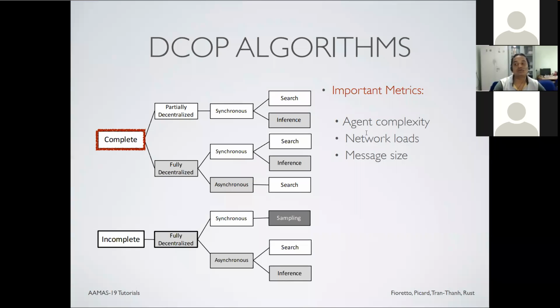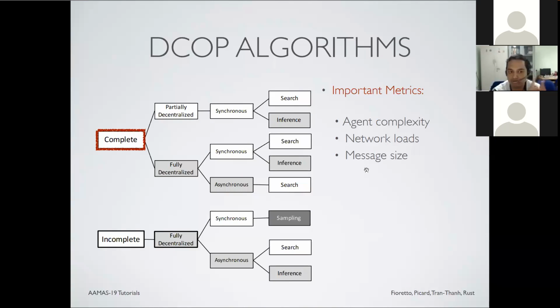Metrics are agent complexity, that is the time complexity. Network load, that means message passing complexity. Message size, per message, what amount of information it will carry, that is called message size. So agent complexity, network load, message size. Mind it, I am repeating once again.